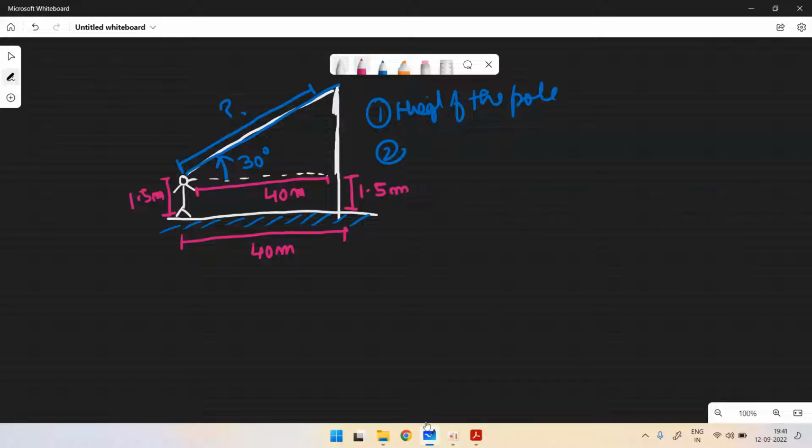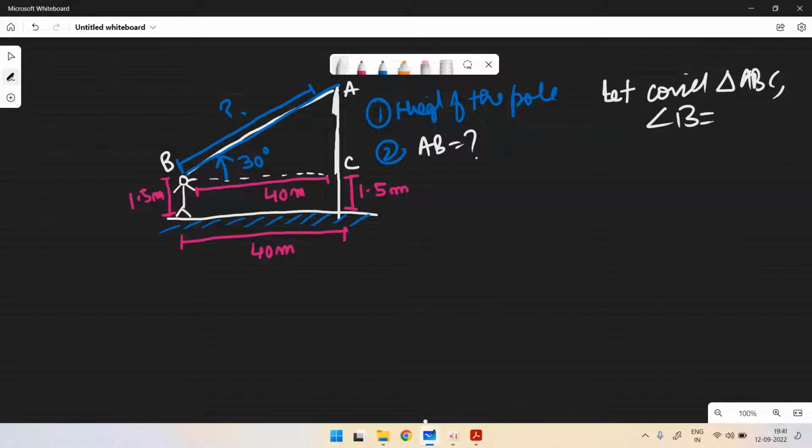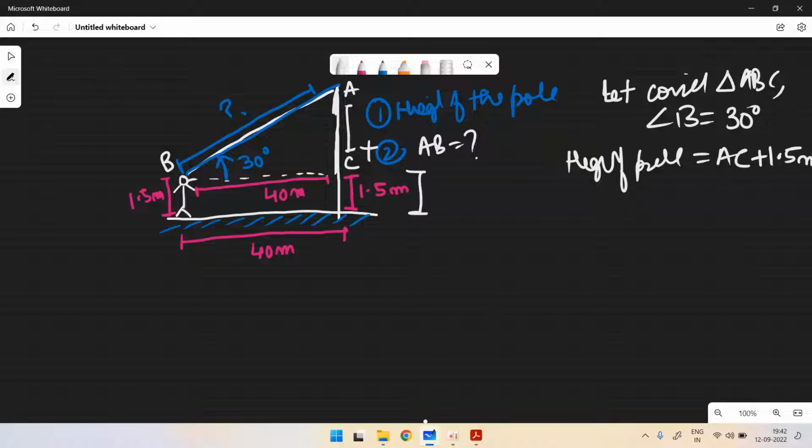I'm supposing this is A, this is B, and this is C. Consider triangle ABC. Angle B, the angle of elevation, is given to be 30 degrees. You need to find the height of the pole, which is AC plus 1.5 meters. This plus this much is the total height of the pole.